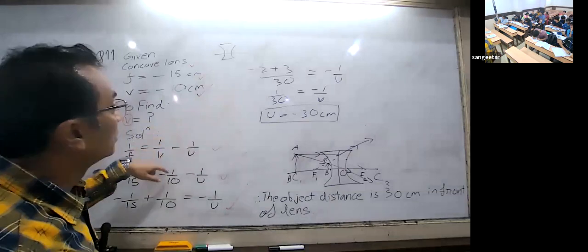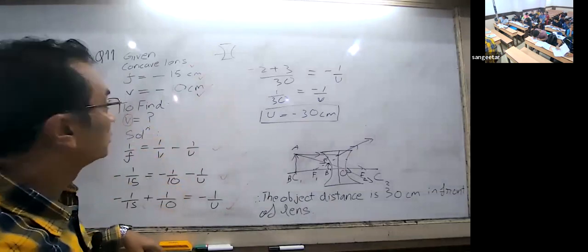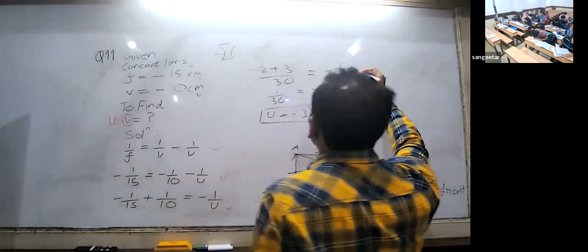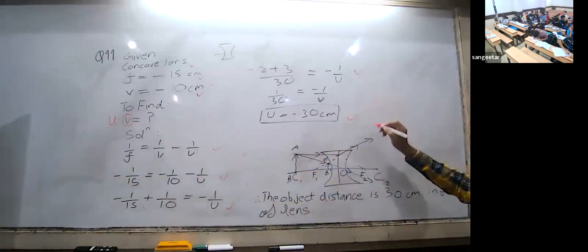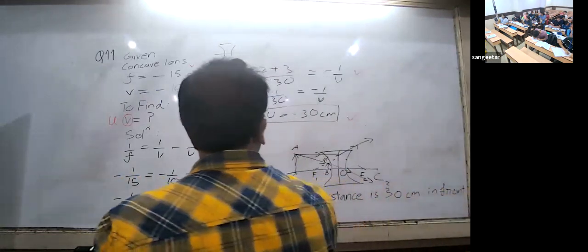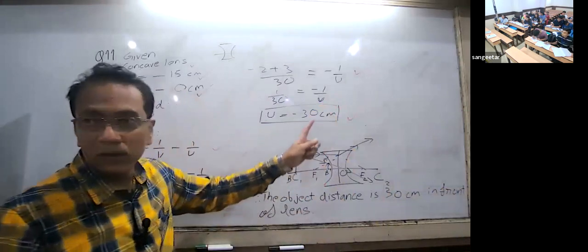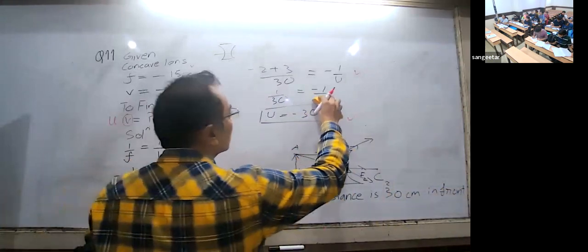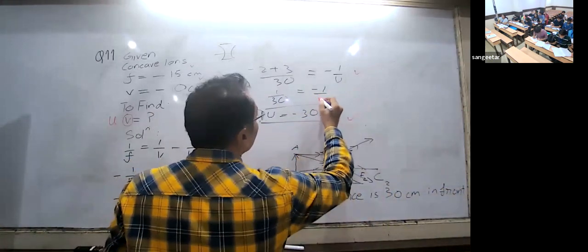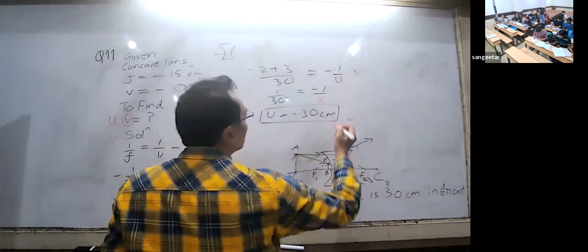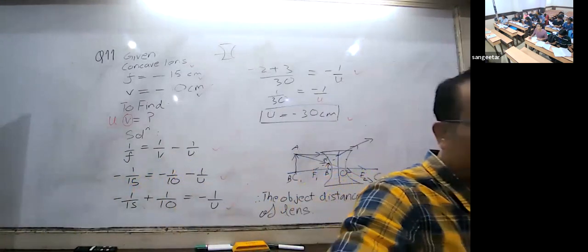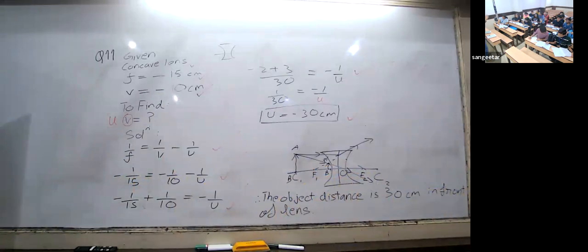Then minus 2 plus 3, which is correct. So U is equal to minus 30. So don't do overwriting, okay? Cut it and do it properly. This is U. U should look like U. Don't write capital U. This is small u. Okay? This is correct. And this is correct.